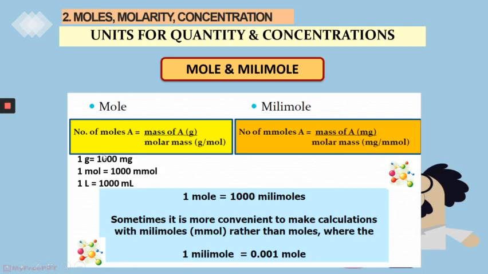Memorize the formula. Okay. Also, you have to memorize the equivalencies for gram and milligram, mole and millimole, also liter and milliliter. So 1 gram equal to 1000 milligram, 1 mole equal to 1000 millimole, 1 liter equal to 1000 milliliter.